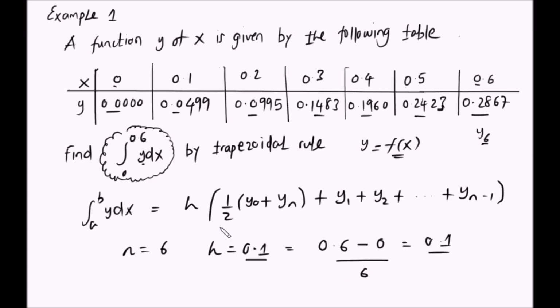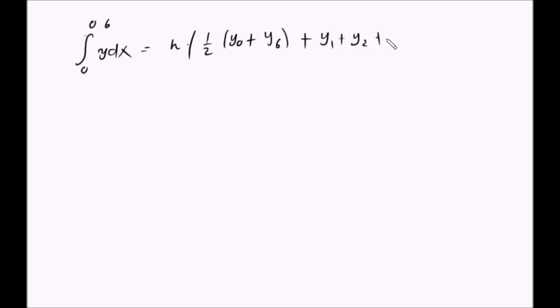So our h is 0.1 and then we have y0 mpaka y6. So it means kwa kesi ya swali letu hili, I mean hii integral yetu hii from 0 to 0.6 itakuwa sawa na h times 1/2 y0 plus, sasa baada yn ni y6, and then y1, y2, y3, y4 na y5.